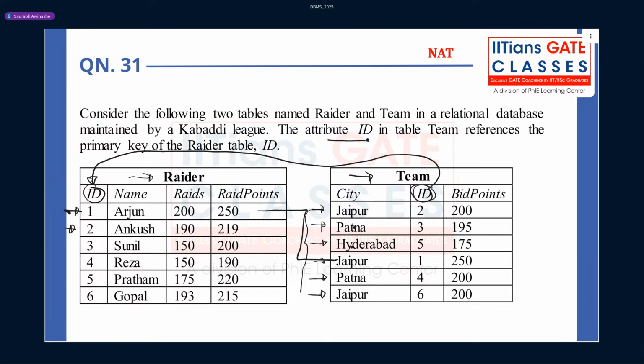For raider 2, we have this. For raider 3, we have this. For raider 4, we have this. For raider 5, we have Hyderabad. And for raider 6, we have this. So now we have these rows.